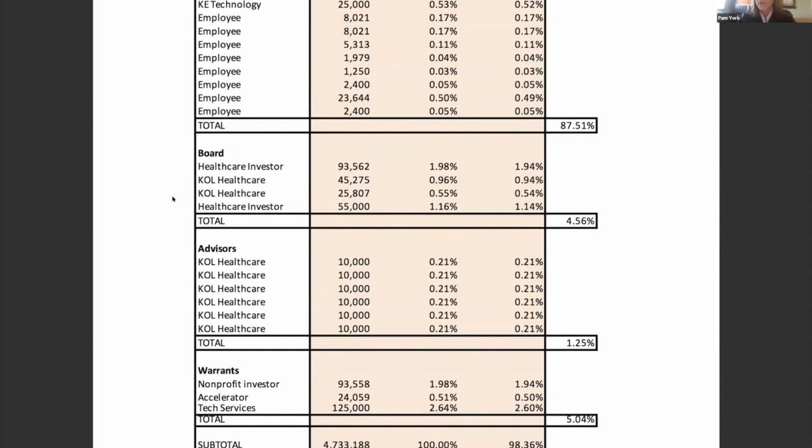Typically you would have 3 board members at a very early stage, and 5 as you're moving into Series A. This company is in digital health, a healthcare-related company, so all of the board members were either investors and/or key opinion leaders in healthcare.